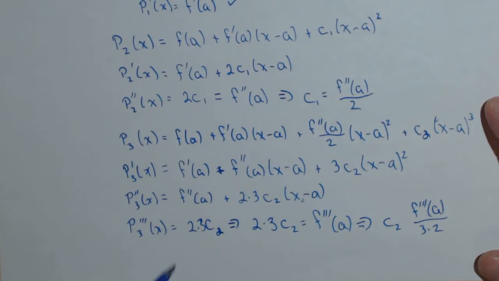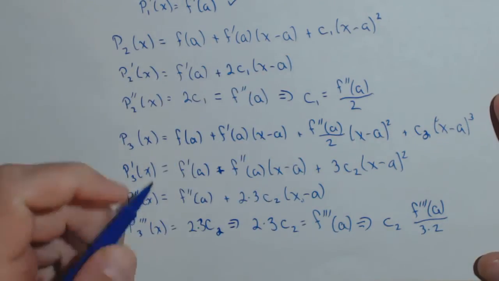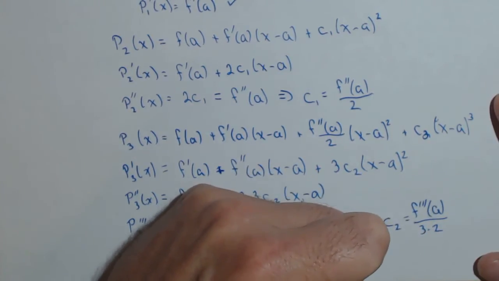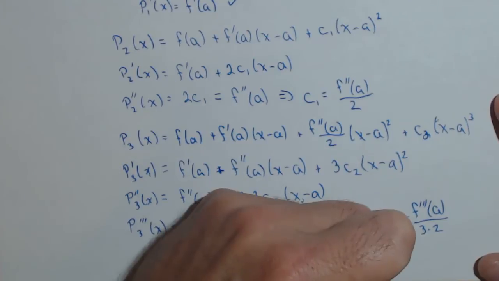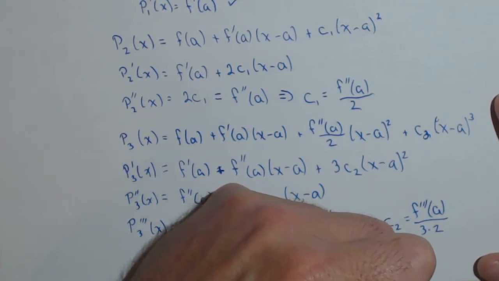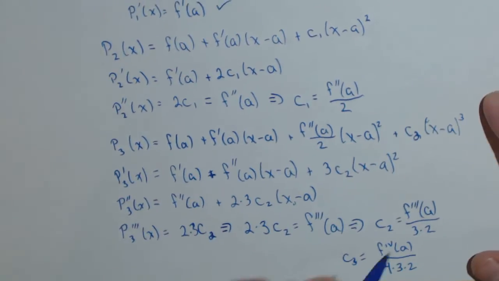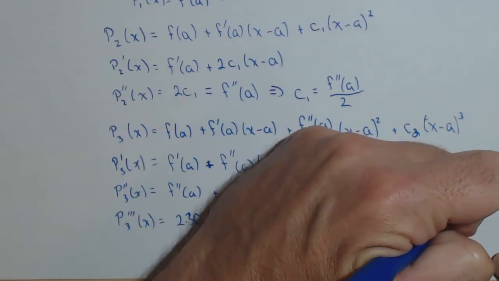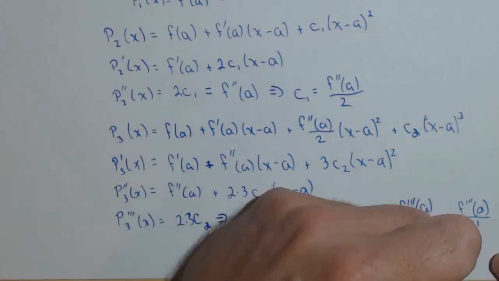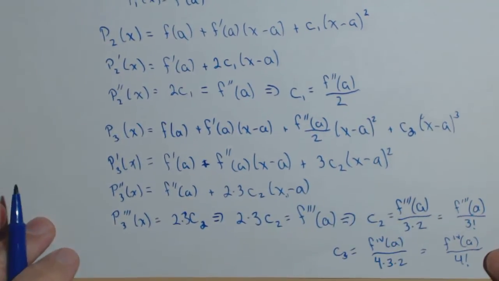Without doing any work, we can probably imagine what the next coefficient would be. So for the fourth term, calling this next one c3, it would be the fourth derivative evaluated at a over 4 times 3 times 2, because these coefficients were coming from dropping down our exponents. Well, this is the third derivative at a over what we call 3 factorial, and this is the fourth derivative at a over 4 factorial.